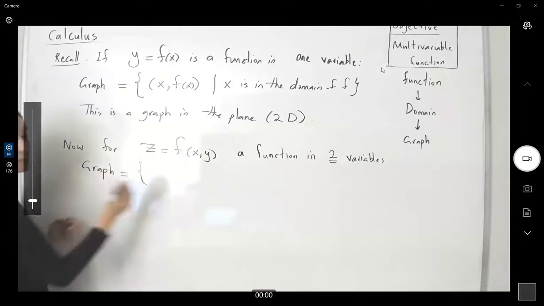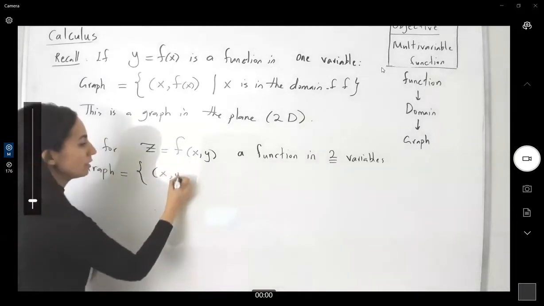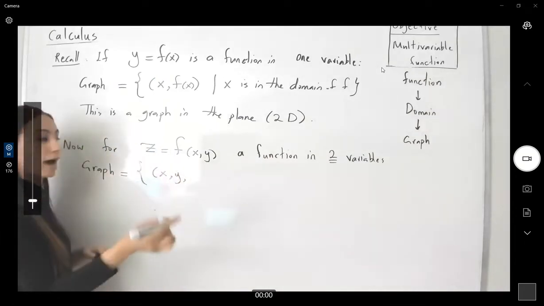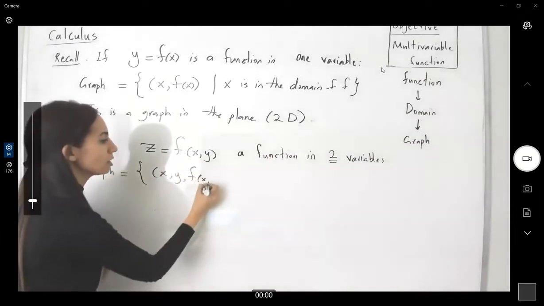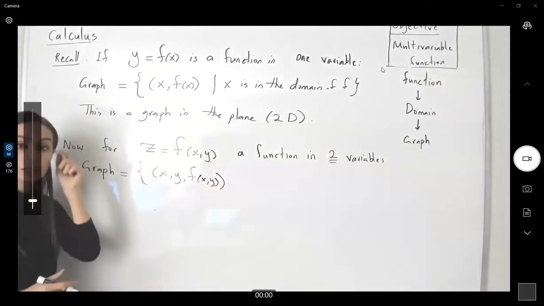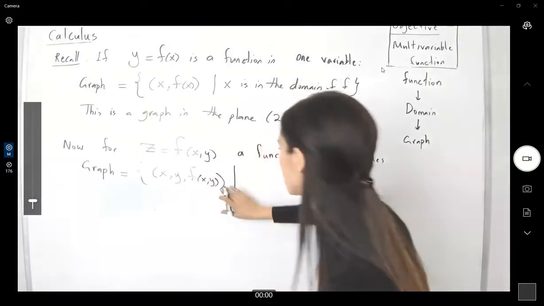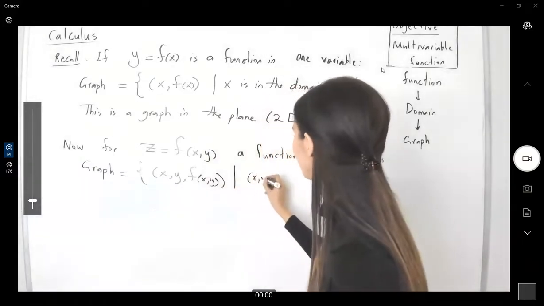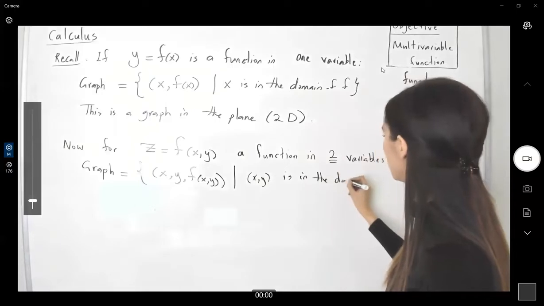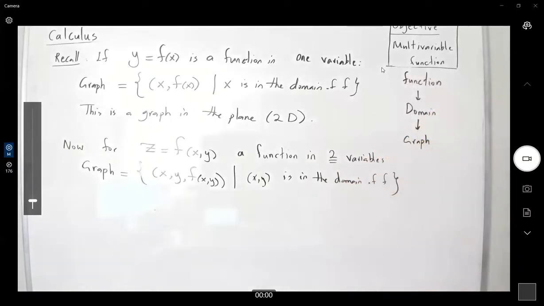The graph is the set of all (x, y, z), where the last component, the output, is f of x and y, such that x and y is in the domain of function f.